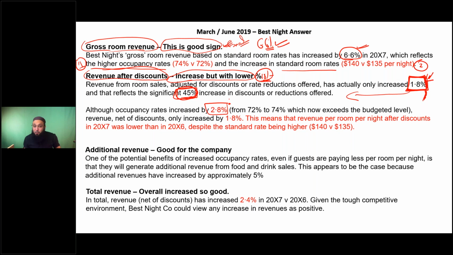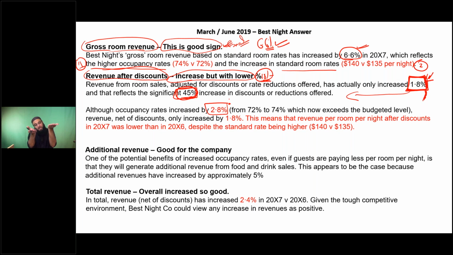Yes, we cannot work out the price. We cannot work out the average price because we don't have the guests or the rooms here. But it's a common sense understanding that if your revenue has increased by 1.8%, is price the reason or occupancy? So look at the occupancy percentage.